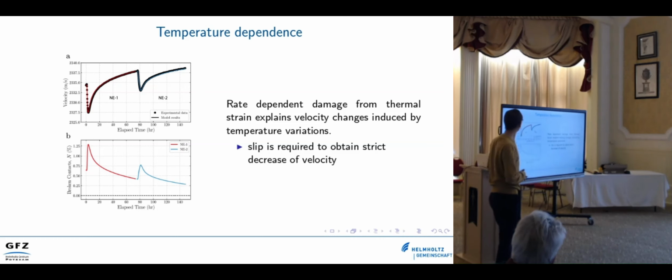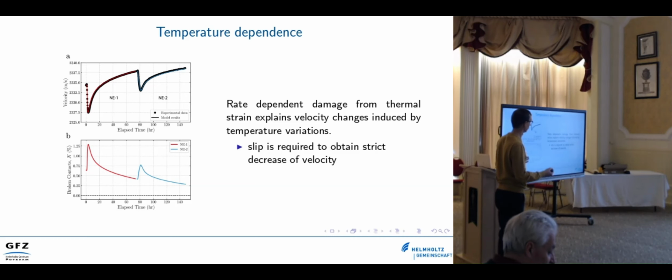So here on top is the model, basically the reproduction of the data by that model, based on the number of bonds between these contacts, which are damaged by slip rate. And they're able to reproduce these observations of the velocity changes due to temperature pretty well.